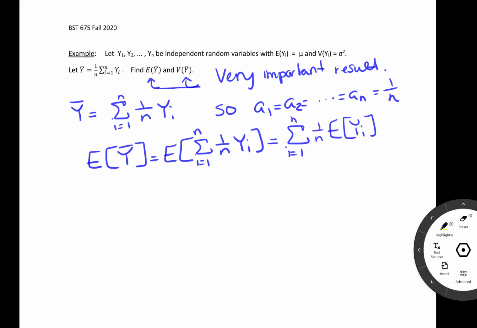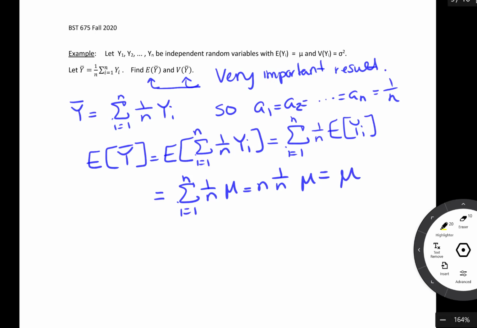But we know that the expected value of all of the yi's is equal to mu. So that gives us n times 1 over n times mu, which is equal to mu.